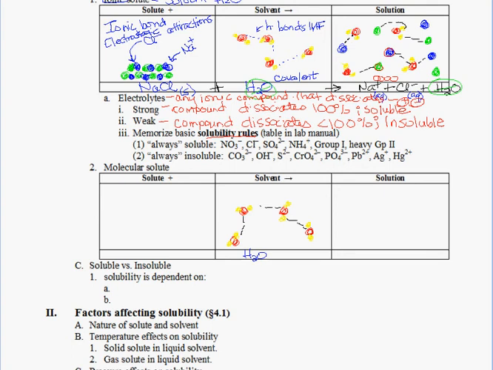If we then go over to the other side, our molecular solute, if you remember, that means that it's covalent. And that means just like water, because it is covalent, it is not going to be dissociating, although it can in fact dissolve. So let's say that we have a nice solid, and let's say that our solid is iodine, and it has solidified.